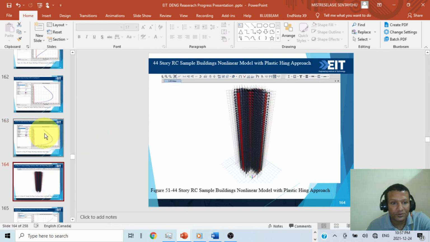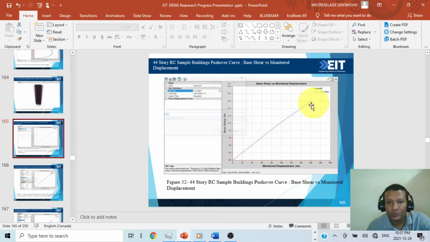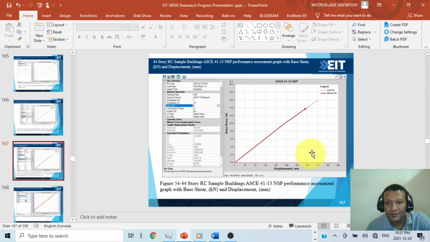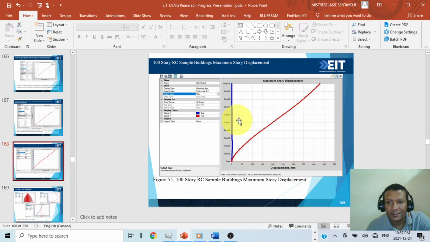This is, as I showed you, nonlinear. This is a pushover curve, base shear with displacement. This is a performance point. It will show you the capacity and demand. So the capacity is green and the demand is in red. As you can see, the capacity and the bilinear idealized is here. So we have the capacity and the demand is here. We can see like that.